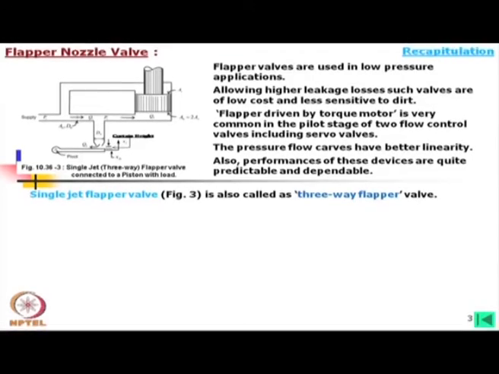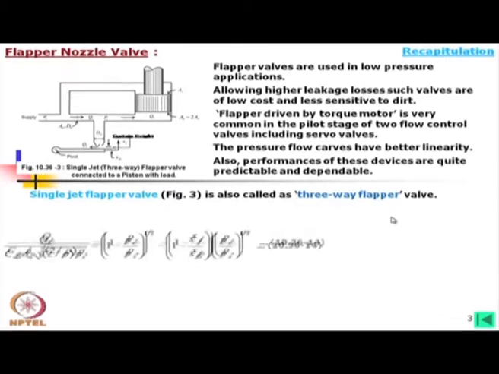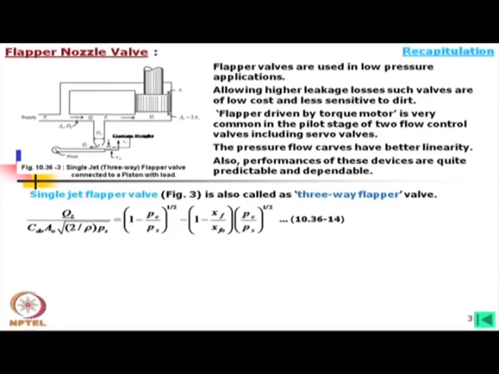Now, the single jet flapper valve, which we learned in an earlier lecture, is also called a 3-way flapper valve. We should basically call it a flapper valve, but once a single jet is there, we call it a 3-way flapper valve. Now, for the load flow equation which we derived earlier, we find the load flow divided by the orifice area, that is the fixed orifice A0, into the coefficient of discharge.